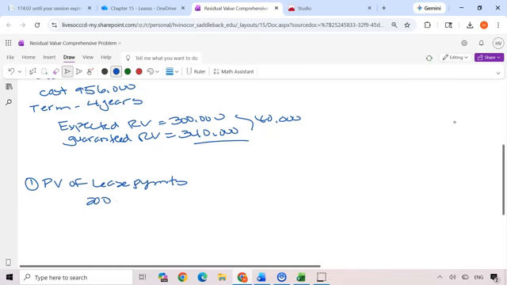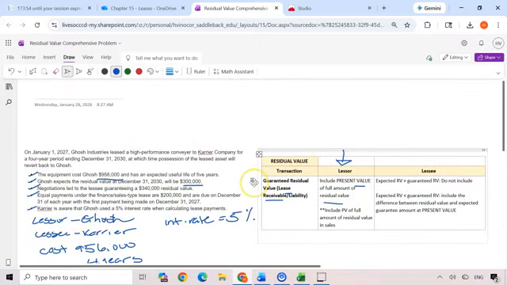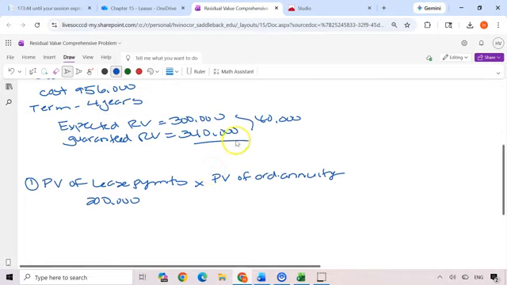I'm going to multiply that by a factor, and I'm going to use the present value of an ordinary annuity. The reason I'm using an ordinary annuity instead of an annuity due is that the lease started on 1/1/27, but the equal payments of $200,000 are due on December 31. So the first payment is at the end of the period.